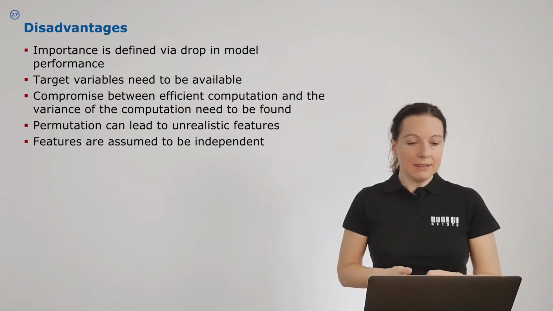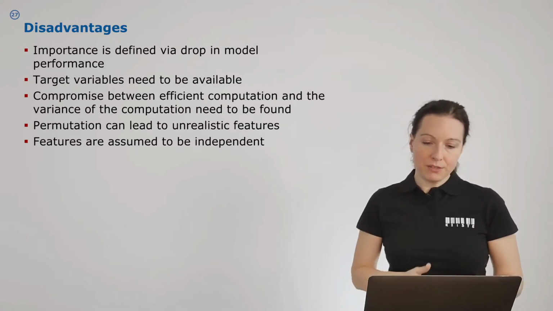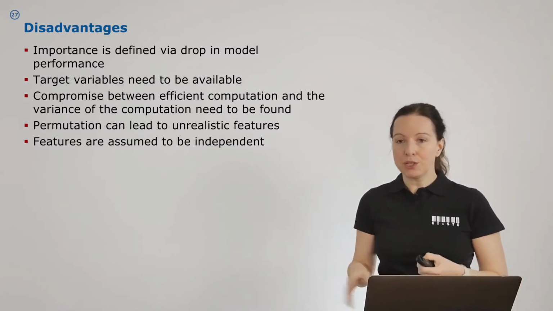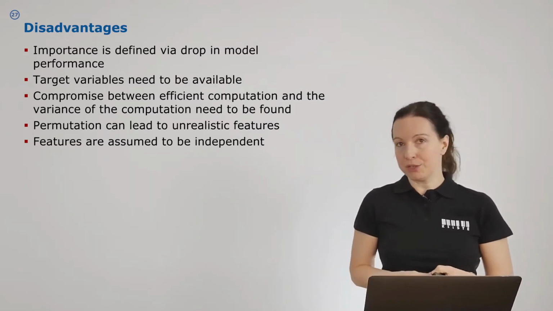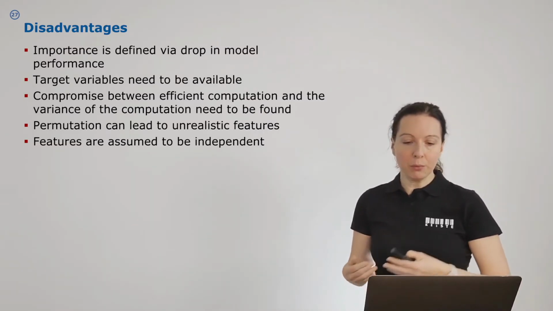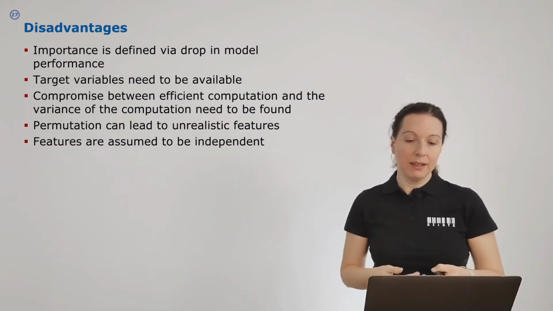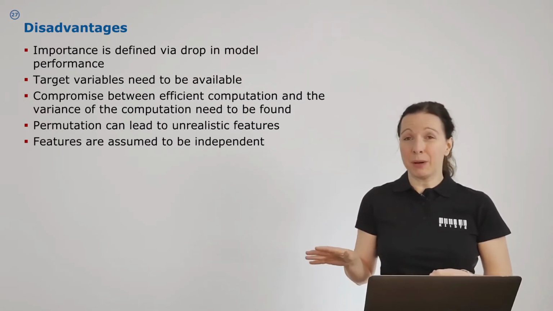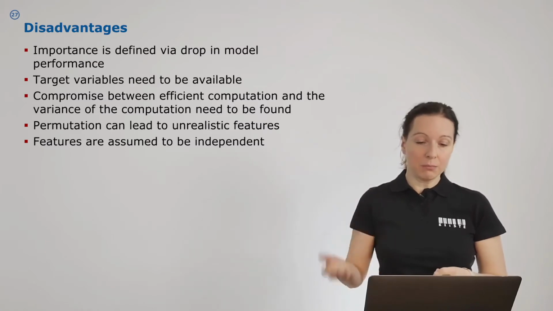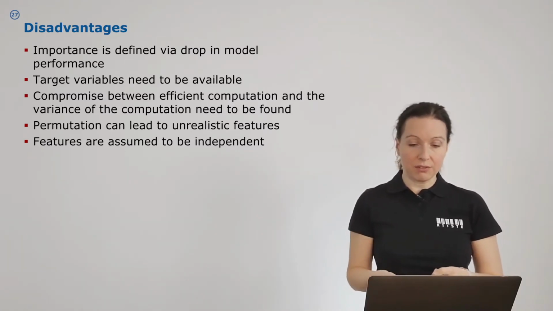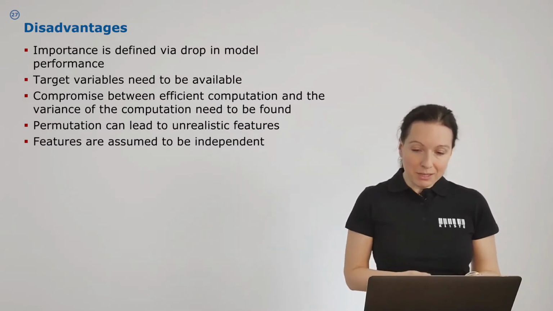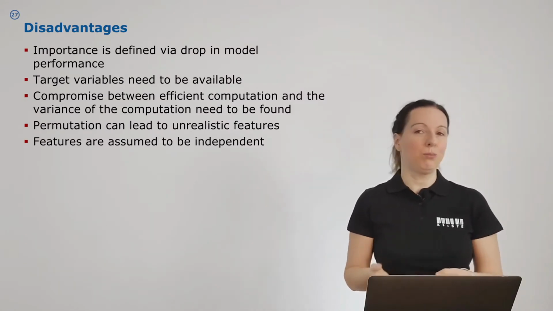And then the permutation feature importance depends on shuffling the feature, which adds randomness to the measurement. When the permutation is repeated, the results might vary greatly. Repeating the permutation and averaging the importance measures over repetitions stabilizes the measure but increases the computation.